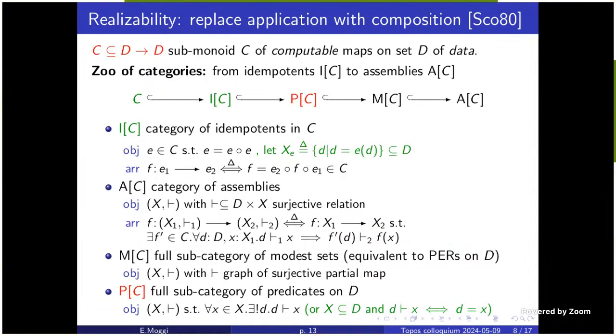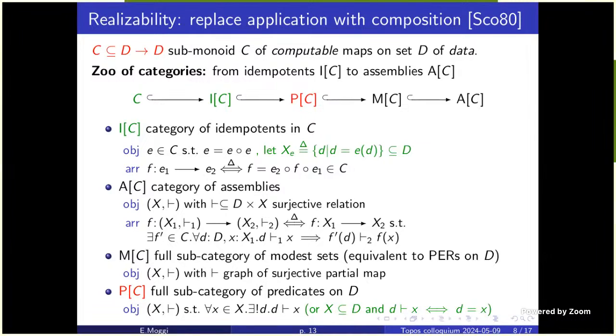And the way to get these categories is to use or adapt realizability. Realizability usually is defined in terms of applicative structures like partial combinatory algebras or models of the lambda calculus.